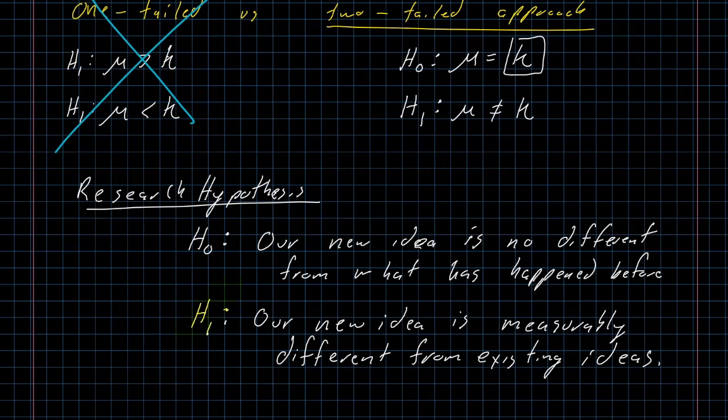So our goal is to come to the alternative hypothesis. If we can find a statistical reason to accept the alternative hypothesis and reject the null hypothesis, then we are happy. If it turns out that we will have to accept the null hypothesis, generally that means that the research has been inconclusive.